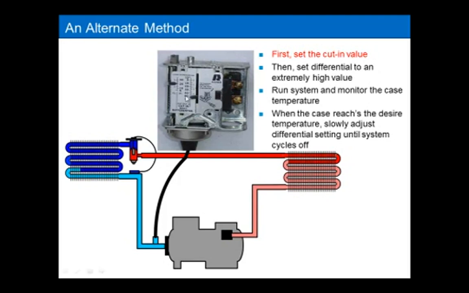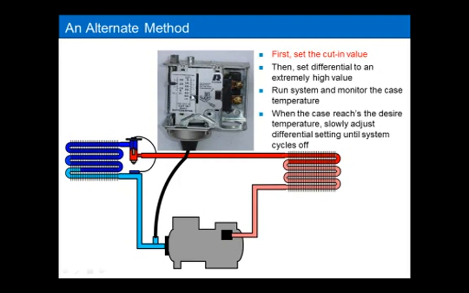A lot of times these scales are off. I mean, they're held in place not very securely, and with age or vibration, sometimes they get out of adjustment. So these scales may not give you a good desired cut-in value. So put your pressure gauge on the system as you're setting your cut-in and adjust it by your pressure gauge in lieu of just using the scale on the control.